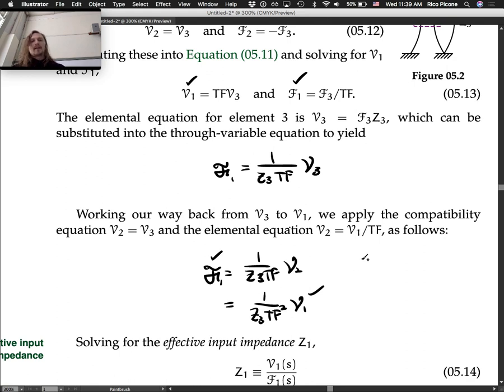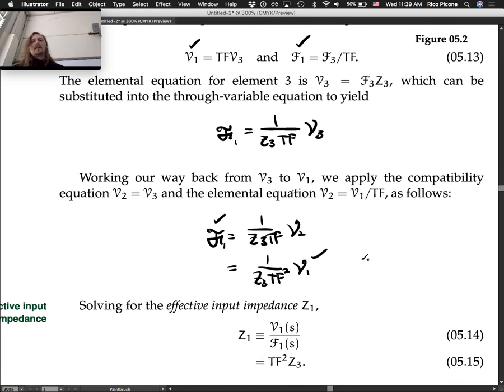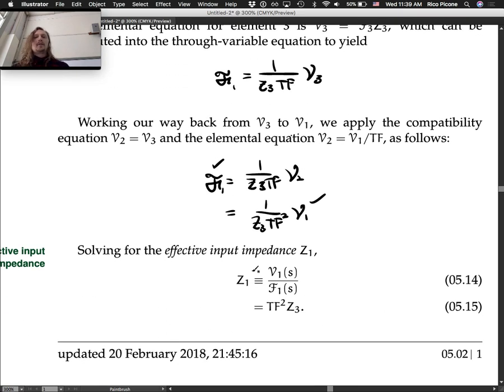That's what I wanted. So solving for the effective input impedance, Z1, we know that Z1 is, by definition, V1 over F1. So I can solve this for V1 over F1, and I get that Z1 is TF squared times Z3.